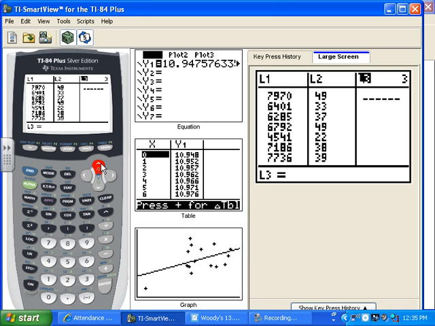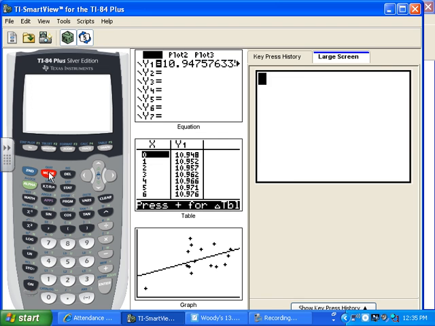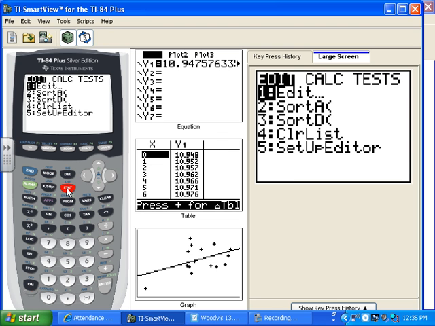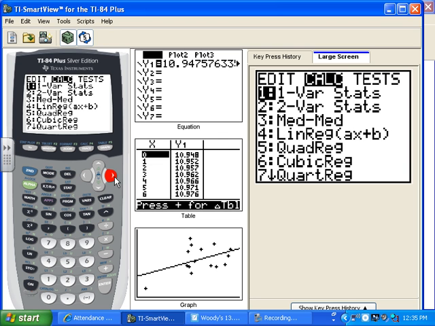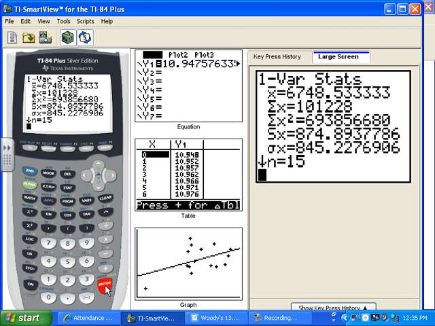So we go 1 bar stats in list 1, just to find out what X bar is. It's 6,748.53.